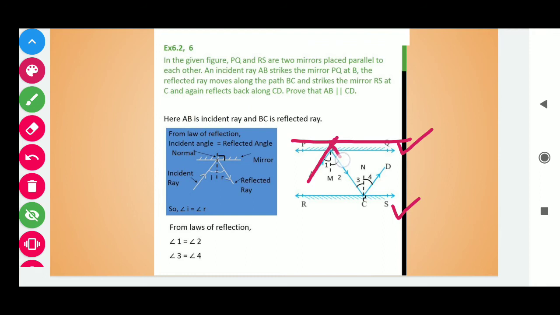This is the reflected ray. The reflected ray moves along the path BC and strikes the mirror RS at point C. Again, it reflects back along CD. We have to prove that line AB is parallel to CD.